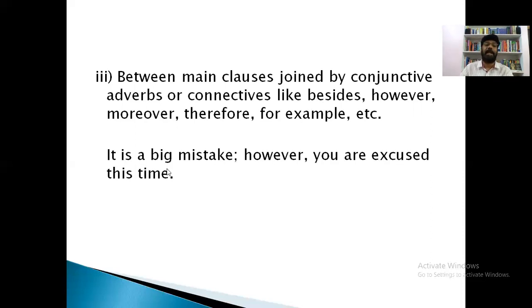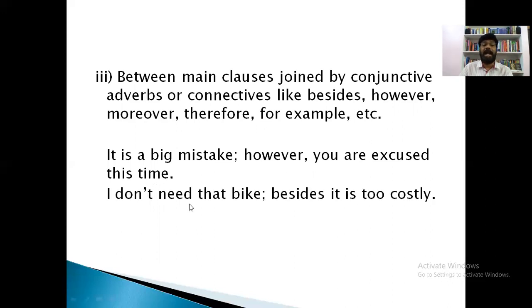Say, for example, it is a big mistake; however, you are excused this time. After "however" we have to use a comma, but before "however" we must use a semicolon. A semicolon should be used before such conjunctive adverbs. See one more example. I don't need that bike; besides, it is too costly.